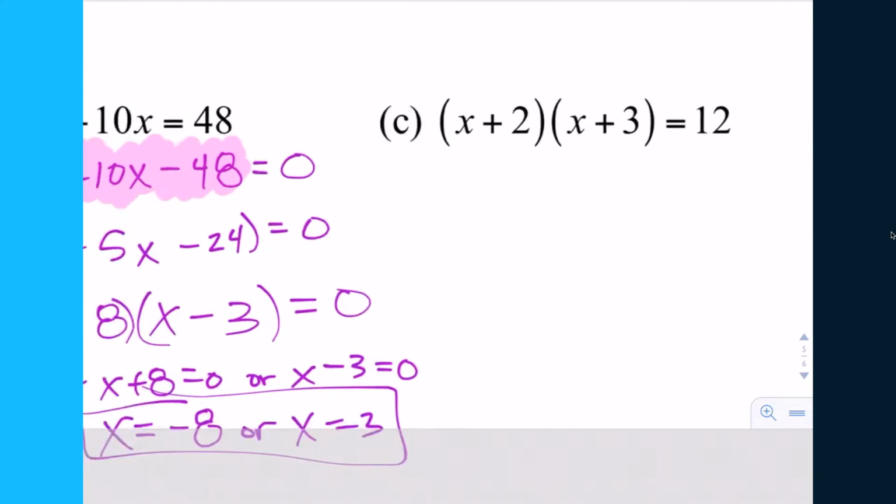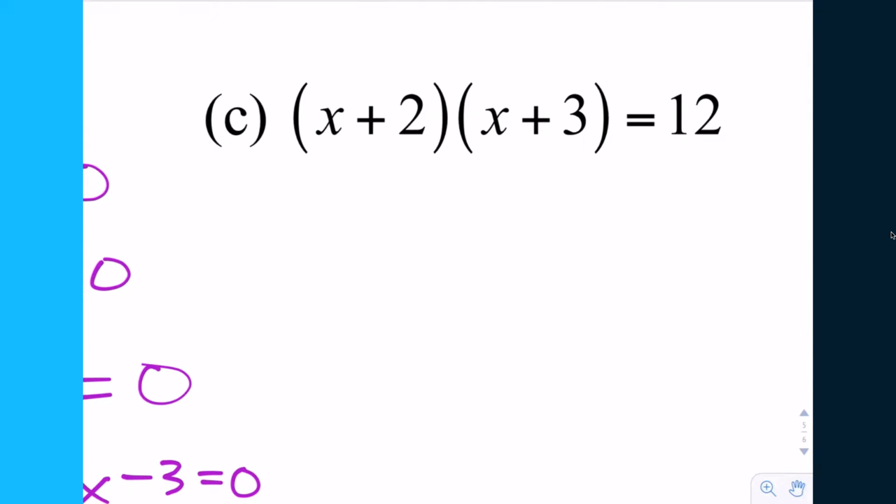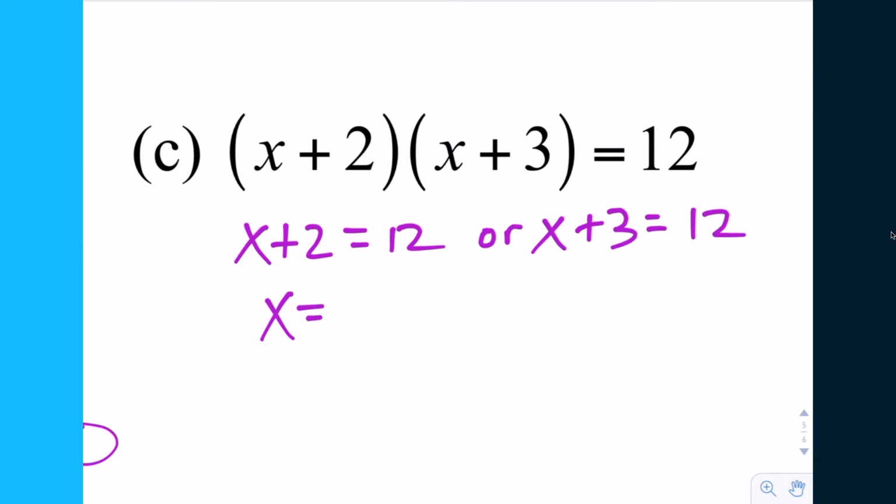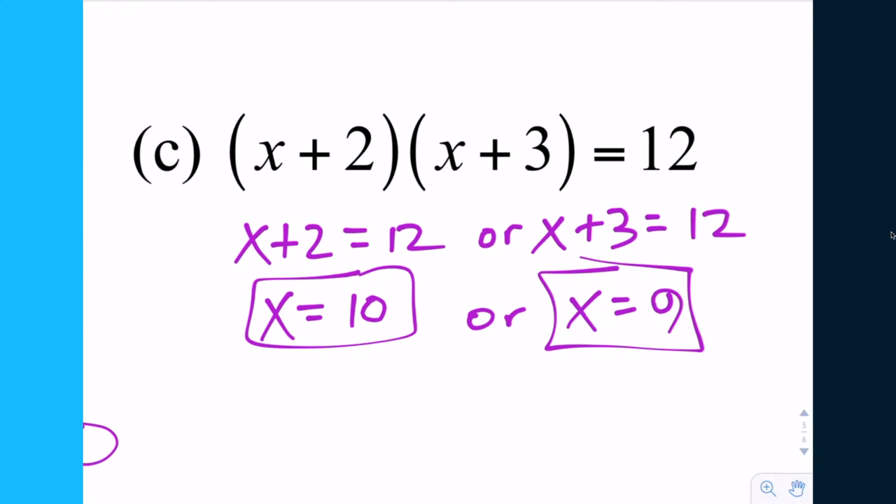Okay. Letter C. Let's try letter C. You try letter C, I'll try letter C, and we'll compare answers, okay? Letter C. You get what I got?